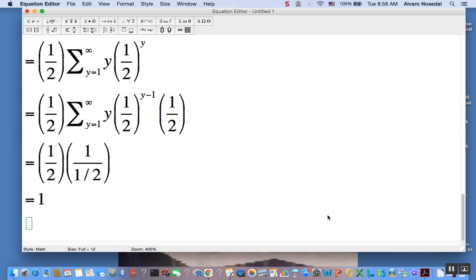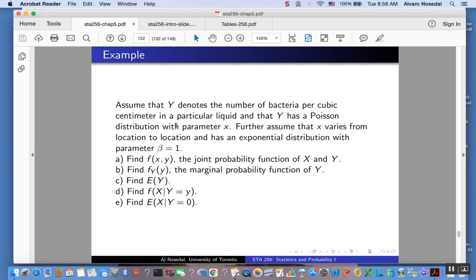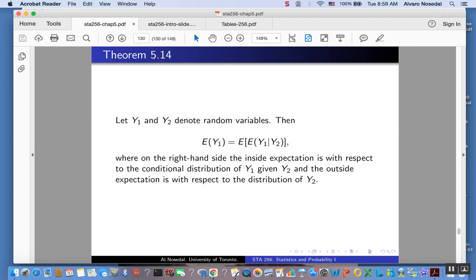Now let me show you something. Remember that at some point in another video we talked about the conditional expectation. Let me find that slide for you. I think it's 130. Okay, remember that we talked about this?